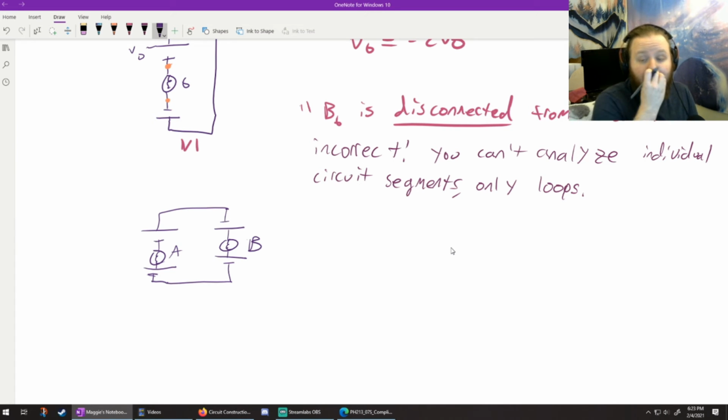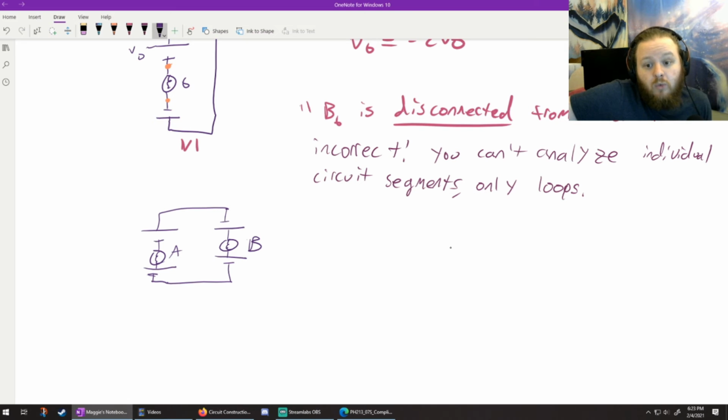I'm going to read a couple predictions that some students made about this. These are fake students. They do not correspond to real students, but they are arguments that we have heard from students many, many times over the years. We have asked two fake students to analyze this circuit.